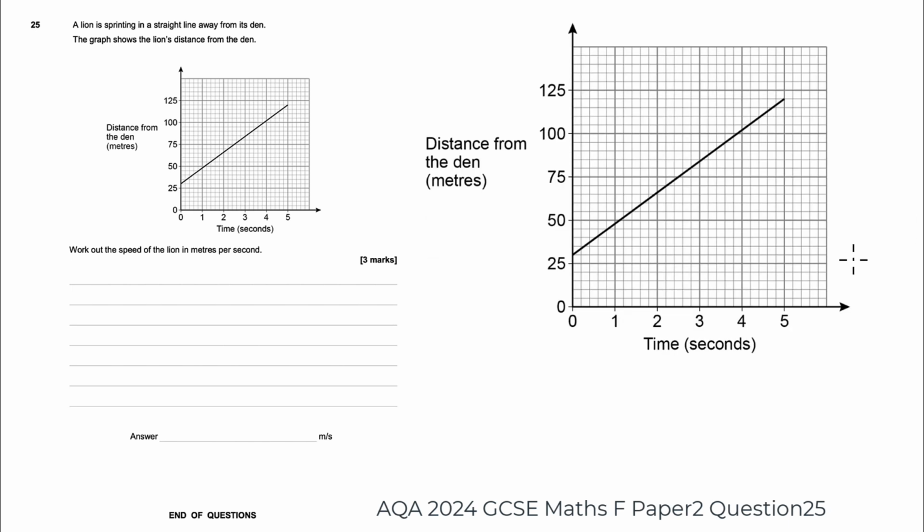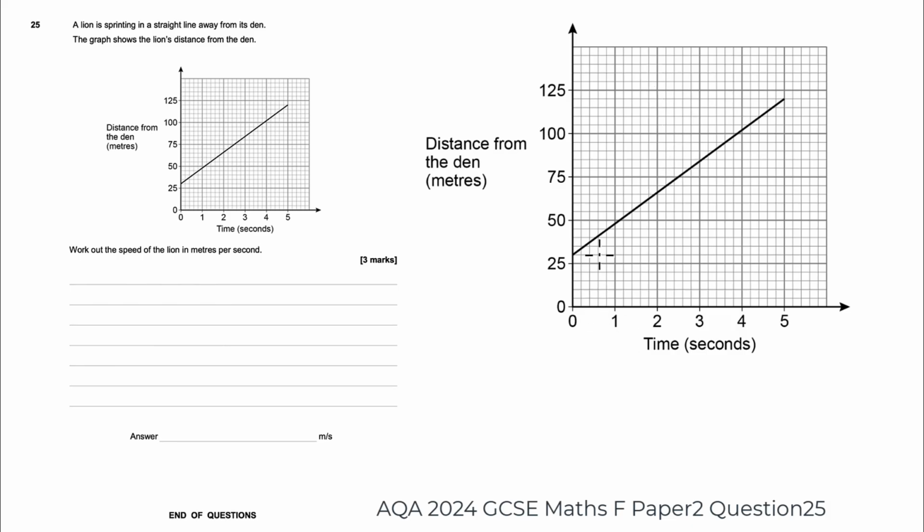So finally, here's question 25, and we're talking here about a lion sprinting away from its den, and the graph shows the lion's distance from the den. We're asked to work out the speed of the lion in meters per second.